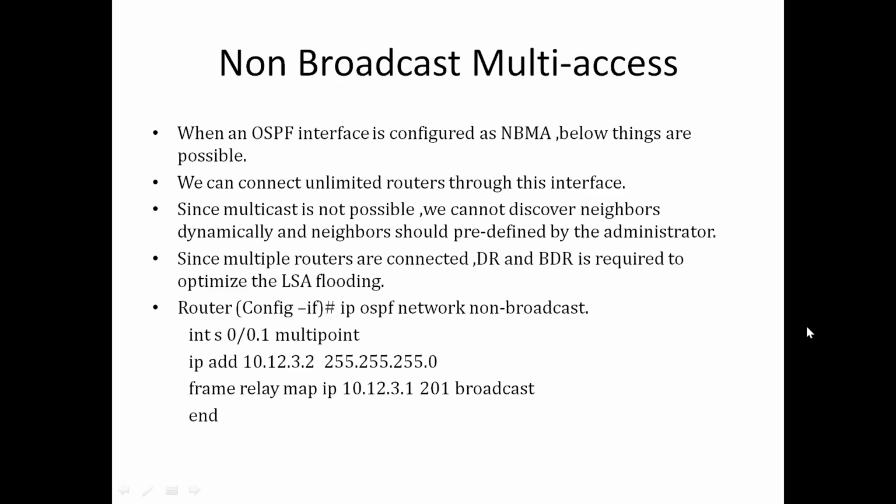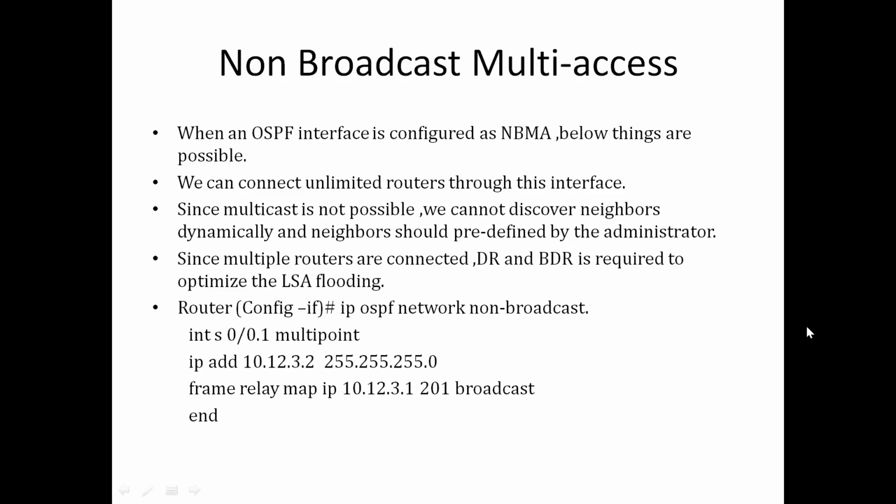If you see the configuration, after enabling the command ip ospf network non-broadcast under the sub-interface, we map the neighbor IP manually, which is 10.12.3.1, and use the protocol frame relay here.